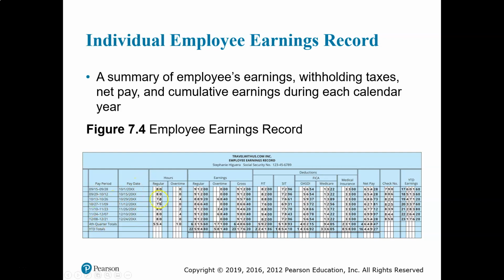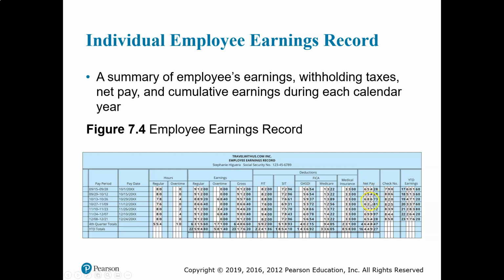And then these were the pay dates. So her hours she worked, and then the number of overtime hours, her regular overtime earnings, and her gross pay amounts. And then here is the federal income tax, the state income tax, the OASDI, FICA, the Medicare, medical insurance, and then the net pay.